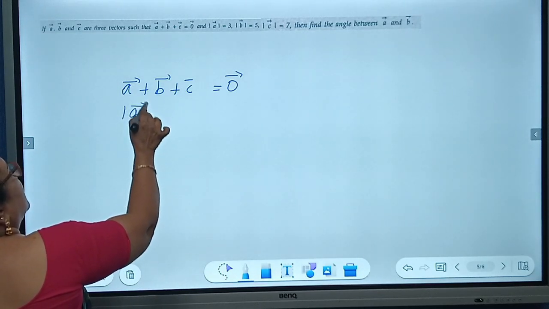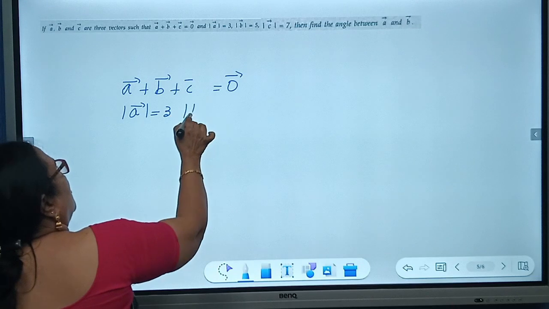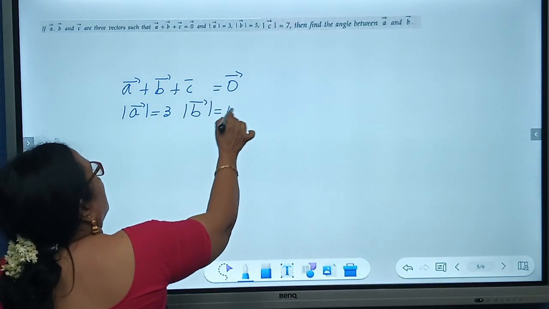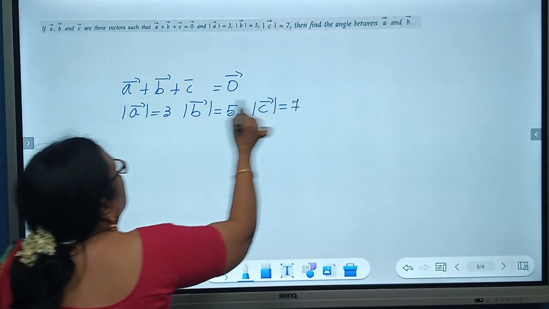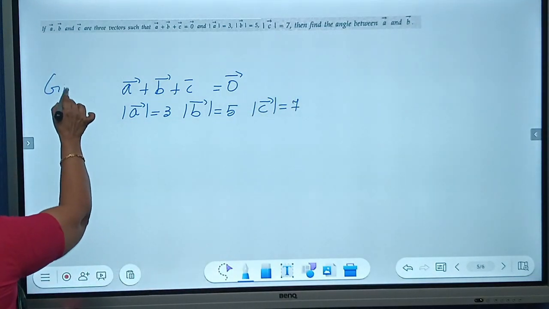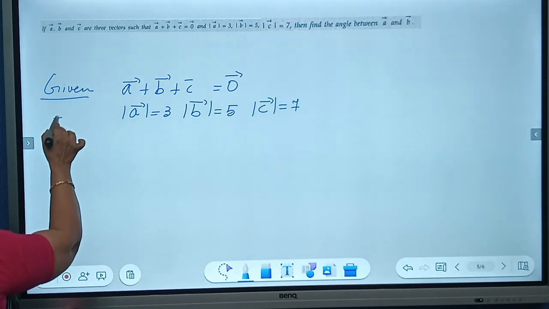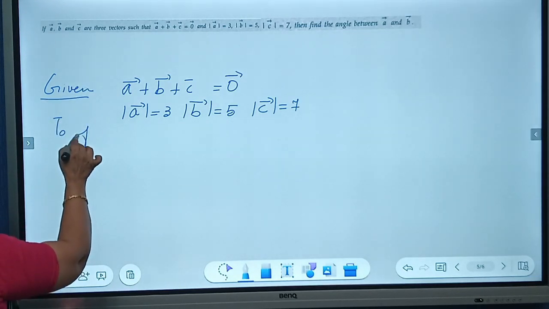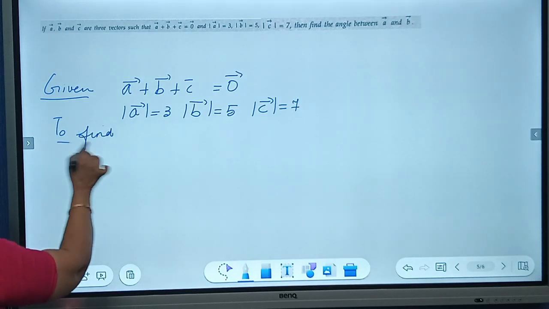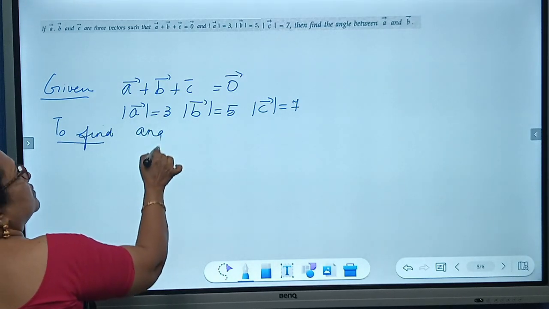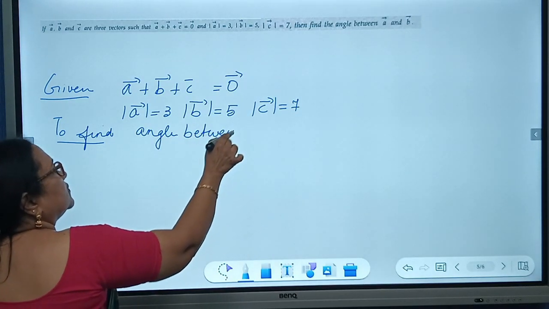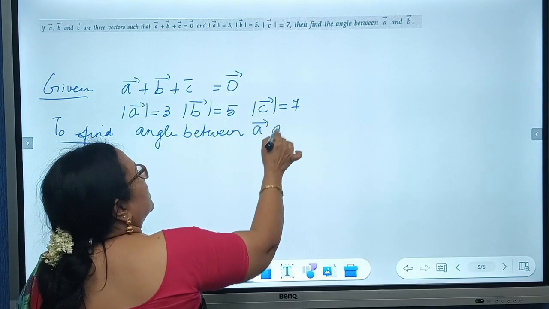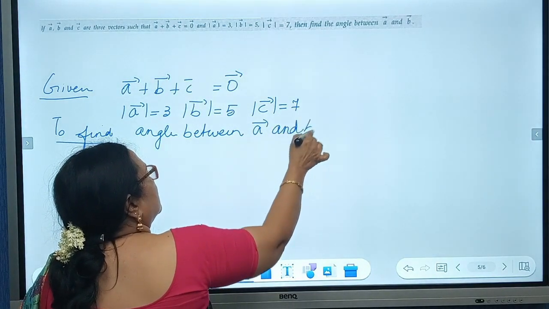Modulus of a vector is 3, modulus of b vector is 5, and modulus of c vector is 7. This is what is given. You have to find the angle between a vector and b vector.